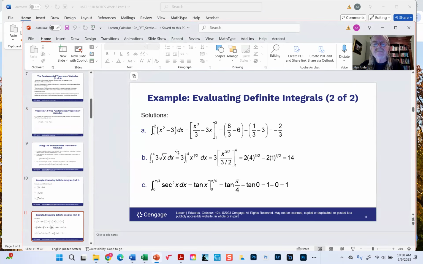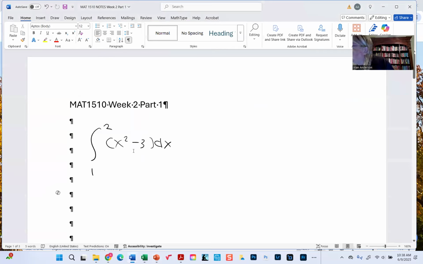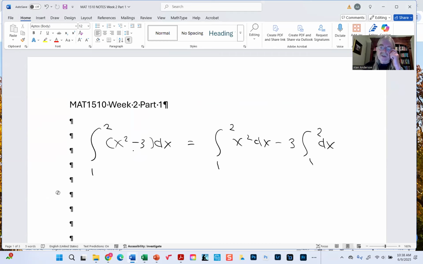First of all, you know that we can break this up into two pieces. Now we can apply the rules that we know, the power rule in this case. So we'll have x cubed over 3. Now, because it's a definite integral, we don't need the constant of integration, but instead we need to evaluate it over the interval from 1 to 2.